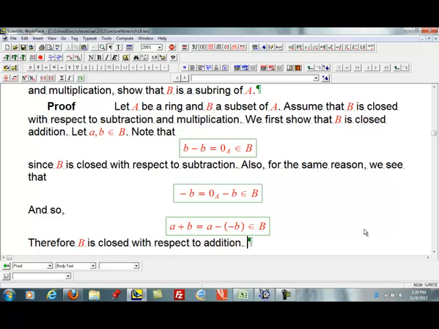Okay, second thing that we need to show. They're arbitrary. I didn't choose anything particular about those values. So for any two values from B, I can arrive at that conclusion. So it has to work for every two values I choose.